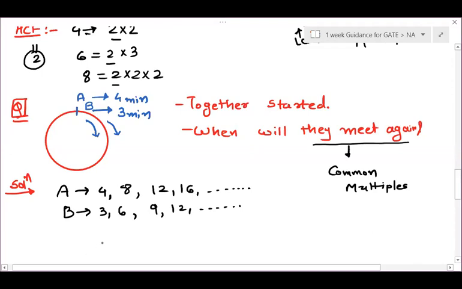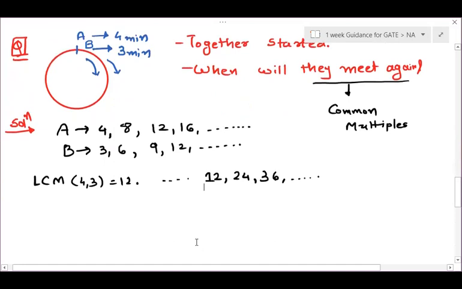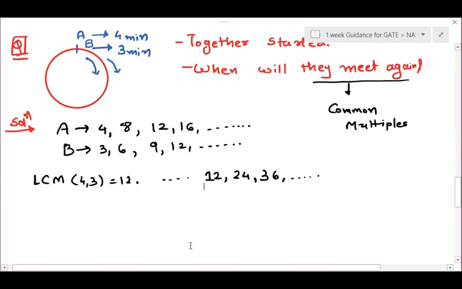First we need to find when they will meet again, at their LCM, the LCM of 4 and 3. You all know that the LCM of 4 and 3 is 12, or not. So they are going to meet again at 12, 24, 36 minutes.